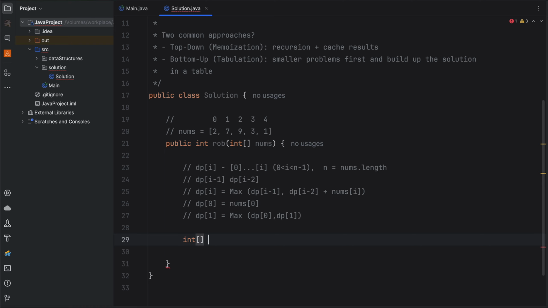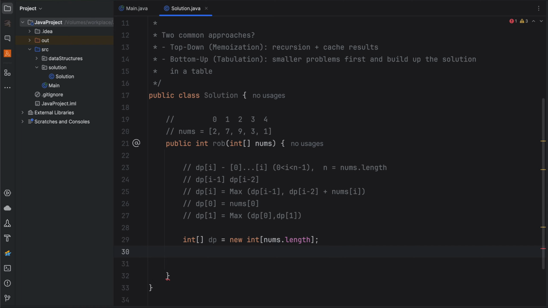We're going to need an additional array called dp, which is an array of integers, and which will have n elements, where n is the length of the provided nums array. Okay?